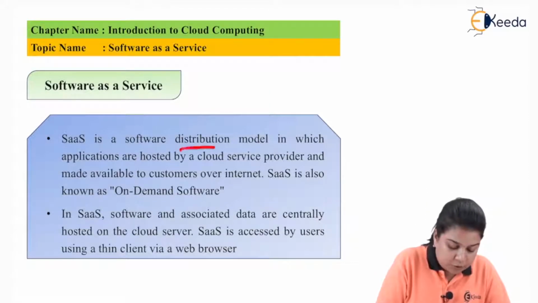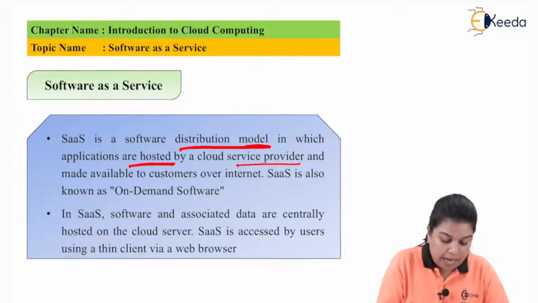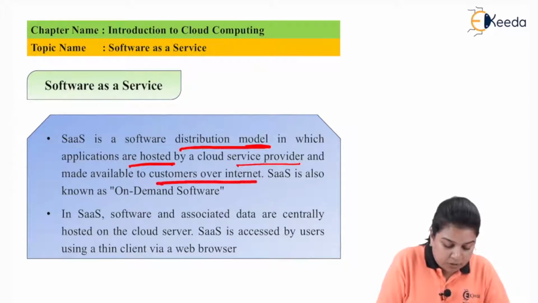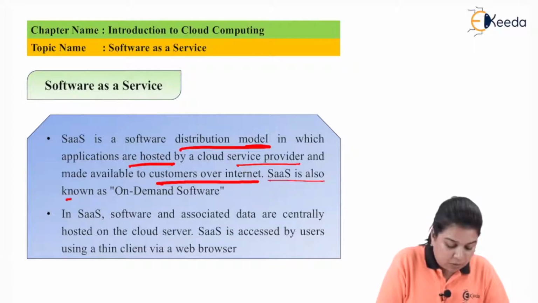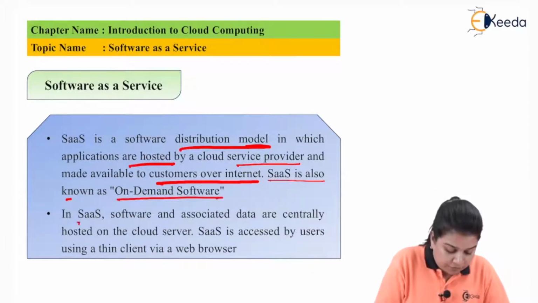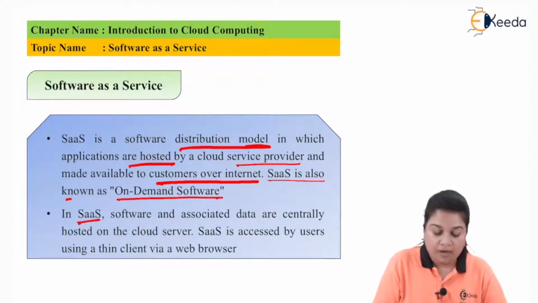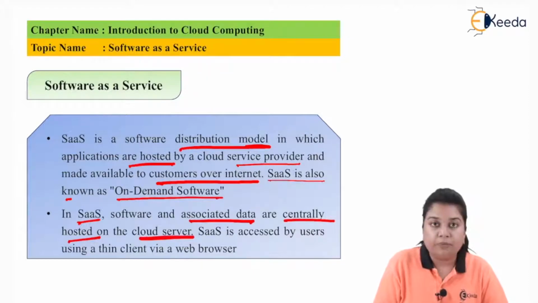Software as a service is a distribution model in which applications are hosted by a cloud service provider and made available to customers over the internet. It is also known as on-demand software. In software as a service, software and associated data are centrally hosted on the cloud server.